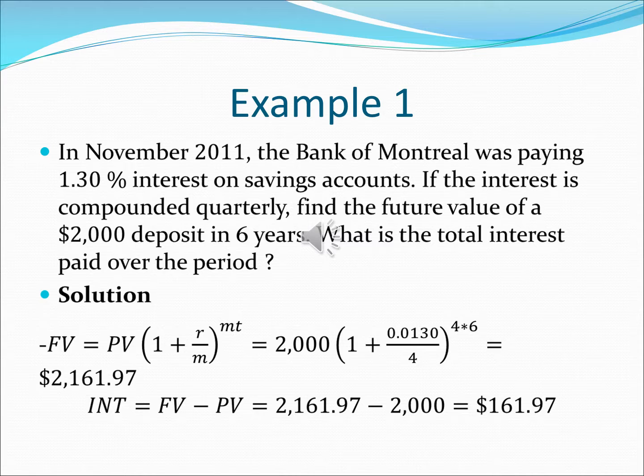I use the formula FV equal to PV times 1 plus r over m raised to power mt. When we do the substitution, we find the future value equal to 2,161.97. The interest here is going to be equal to 2,161.97 minus 2,000, which is equal to 161.97.